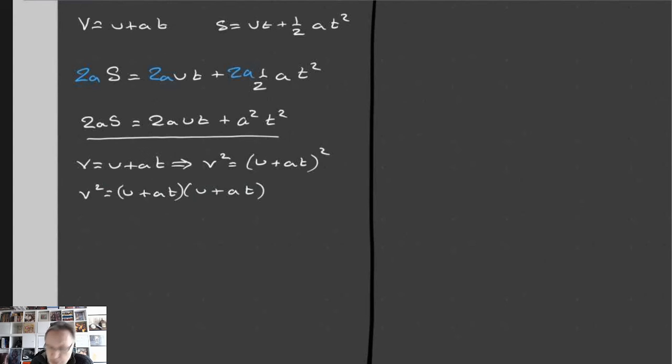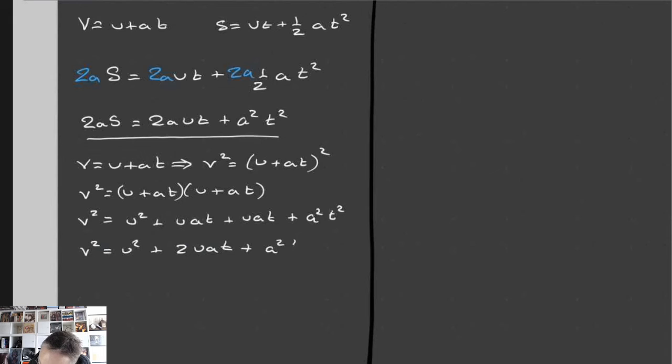So when we have this situation, we multiply each term. v squared is u squared plus uat plus another uat plus the final part, which is a squared t squared. So I've got uat plus uat, that's 2uat. v squared is u squared plus 2uat plus a squared t squared.